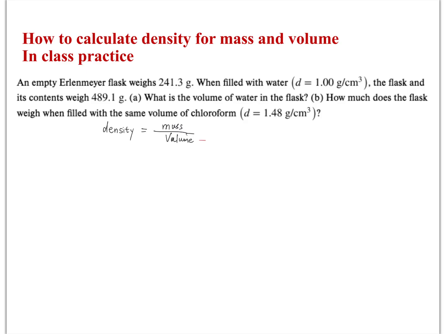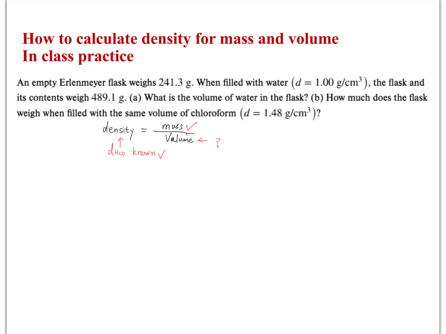At this moment the volume is unknown, and the density of water is known. So that is checked. We know this term. And the mass of the water we don't know yet. However, we can use the information given to find the mass of the water. So we know 2 terms out of 3, and we can solve for the volume.